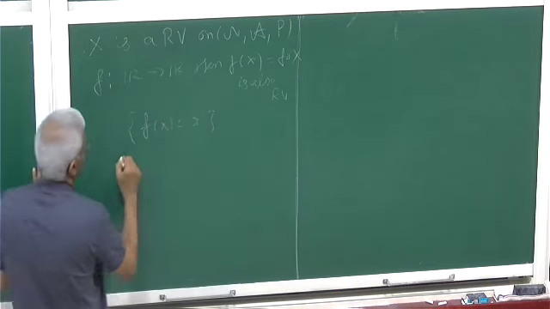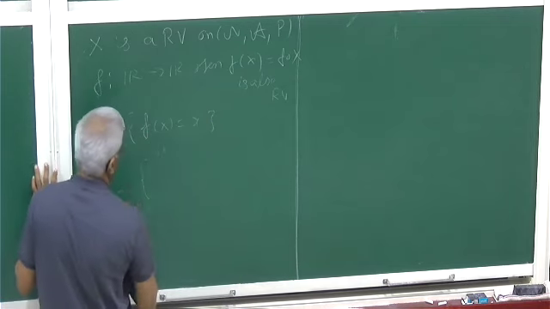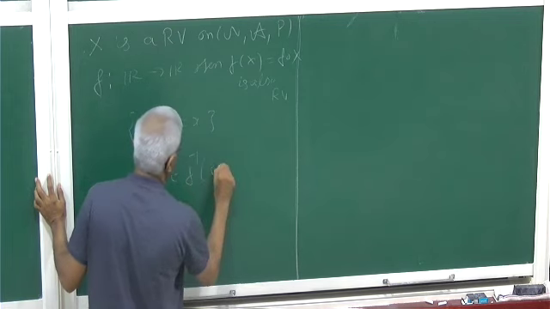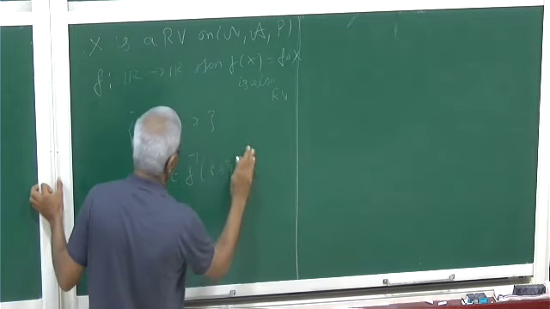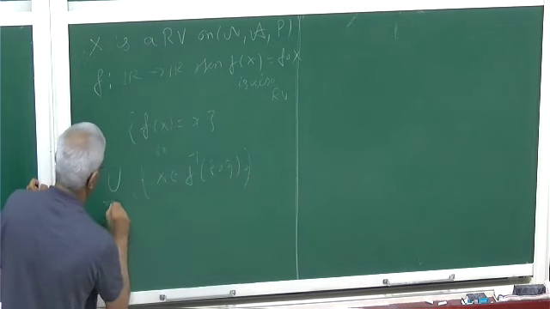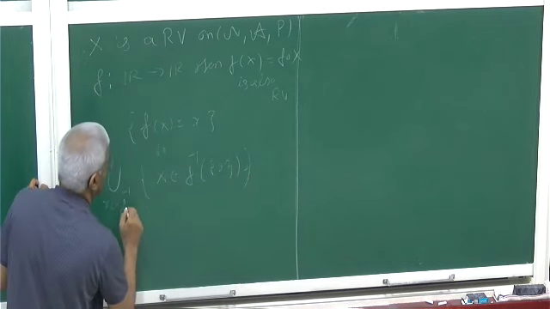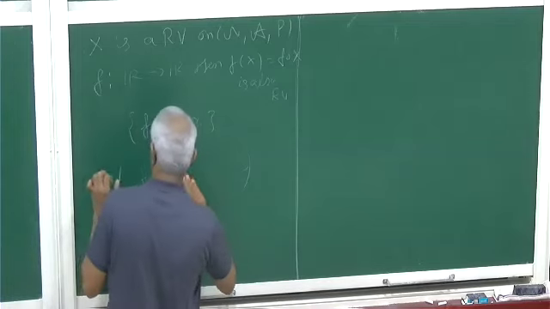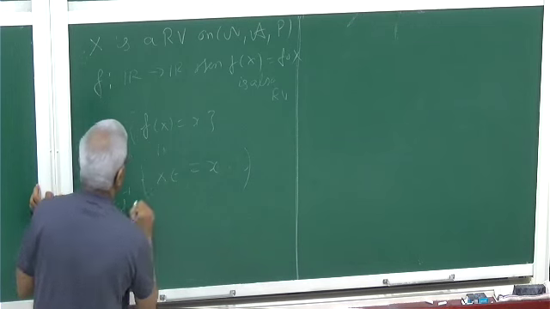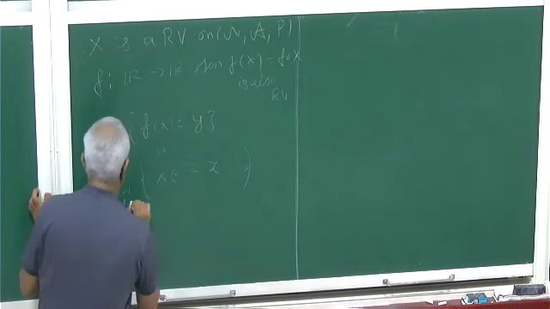But then you can write this as the set of x in f inverse of the singleton y. Okay. And then you can write it as a union of the sets where X equals x, where x is in f inverse of y.